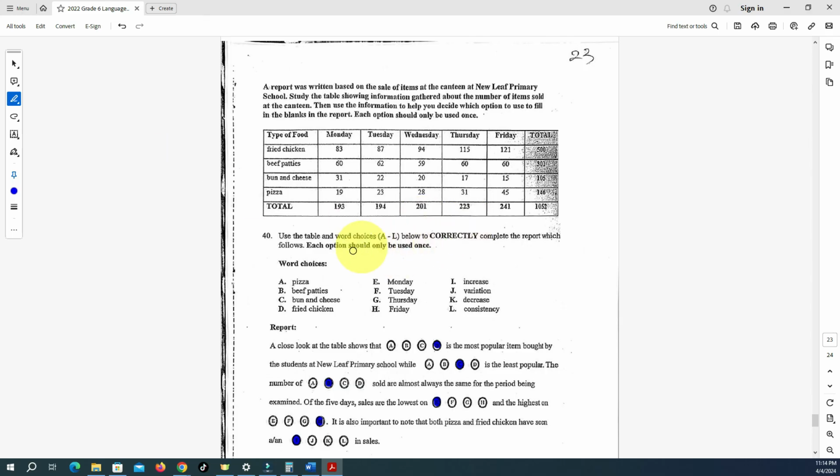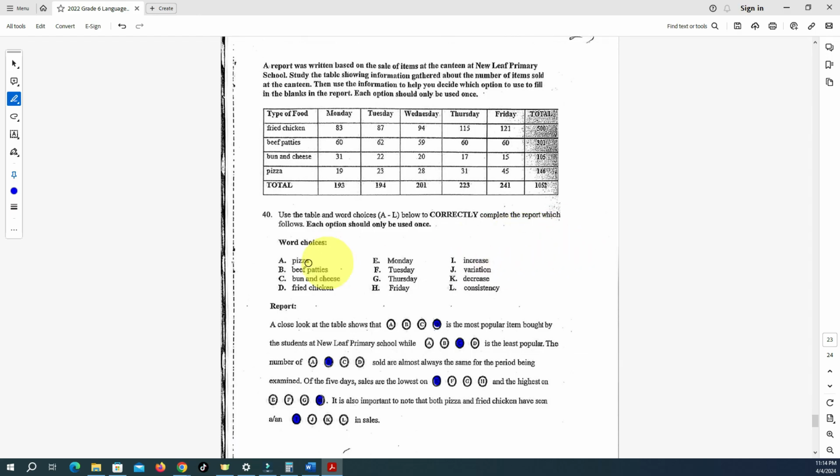So let's go. It says use the table and word choices A to L below to correctly complete the report, which follows. Each option should only be used once. Word choices, you have pizza, beef patties, etc. So report. A close look at the table shows that blank is the most popular item. The most popular item I have as D, that's fried chicken.